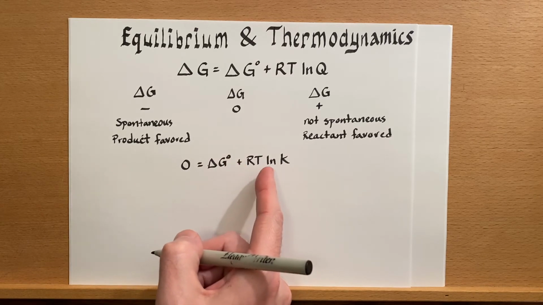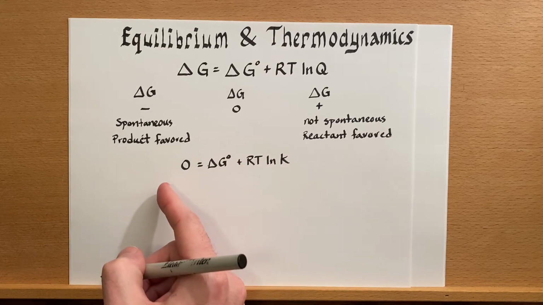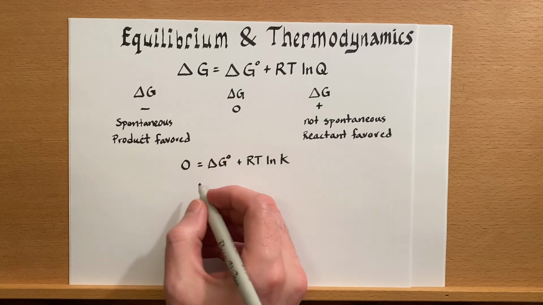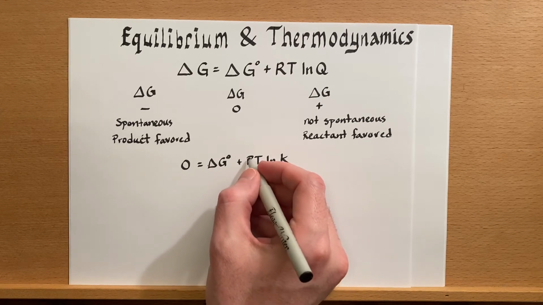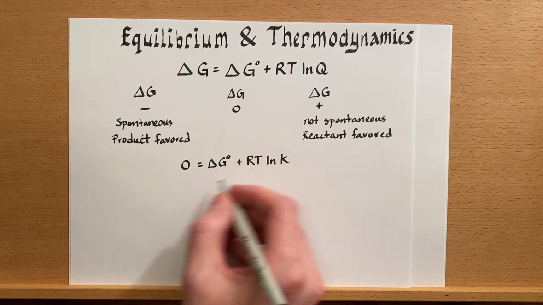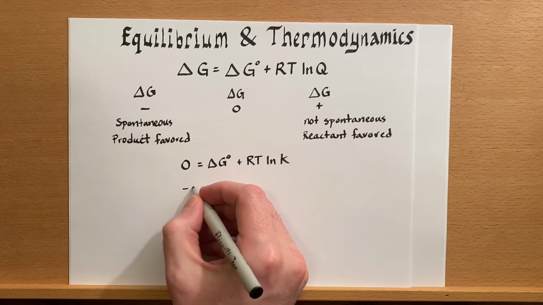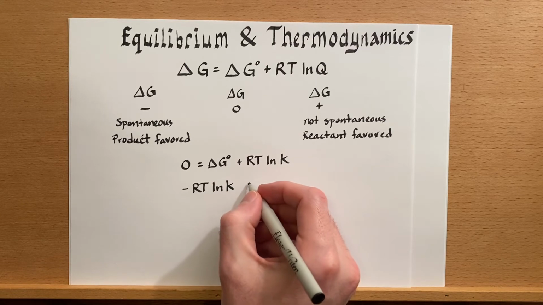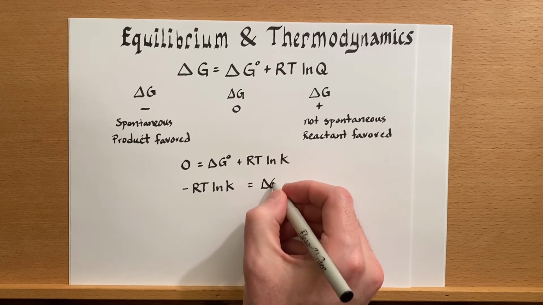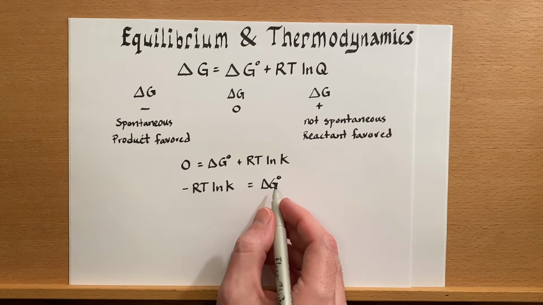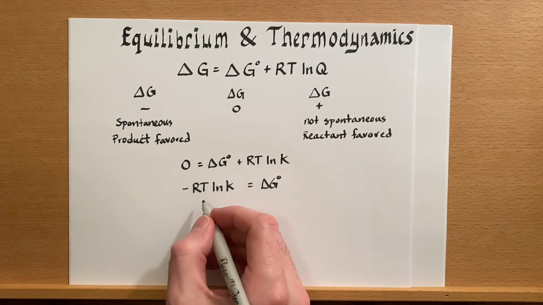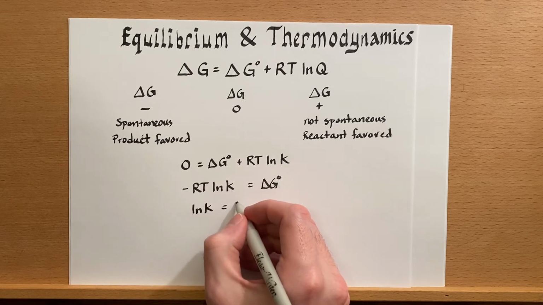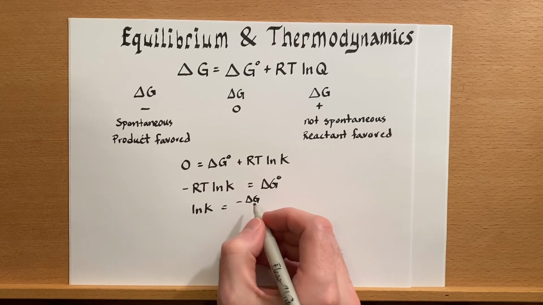Let's move the RT over to the other side, and we'll have delta G over here still. And so if we move that over to the other side, we'll have a negative RT ln K. And that equals delta G under standard conditions. And then let's divide both sides by negative RT.